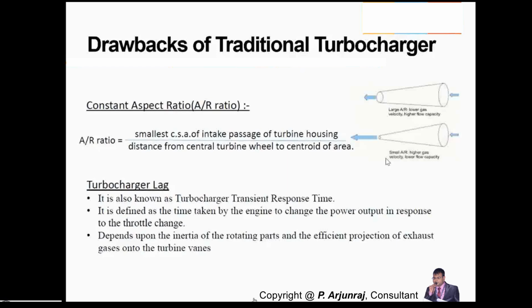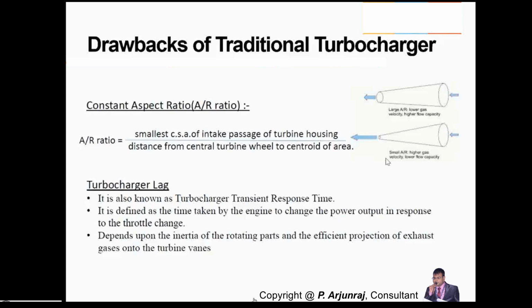Why this aspect ratio is very important is that in the case of a turbocharger, you have turbocharger lag, which is nothing but a lag with respect to time. Basically, when the engine is running at higher RPM, you tend to have the issue of turbo lag, and this will also affect the aspect ratio of your turbo system.